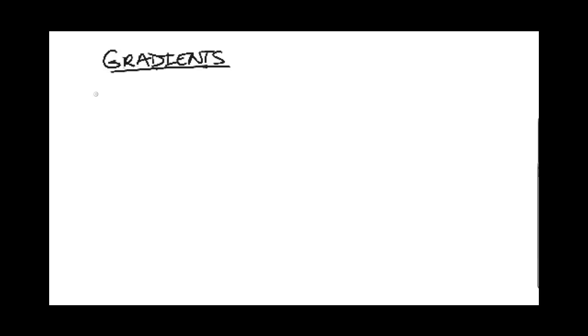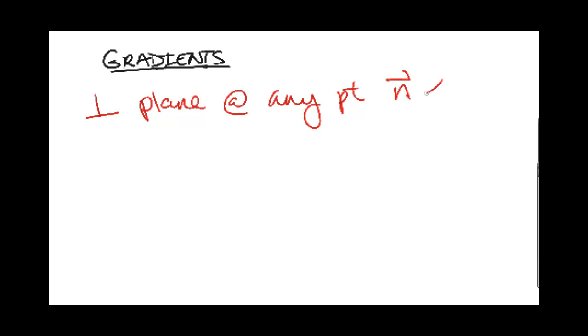What is a gradient? Well, a gradient is a vector that is perpendicular to the plane at any point. So it's your normal vector that would define the plane. Your ABC in your vector or your plane equation would be your gradient.